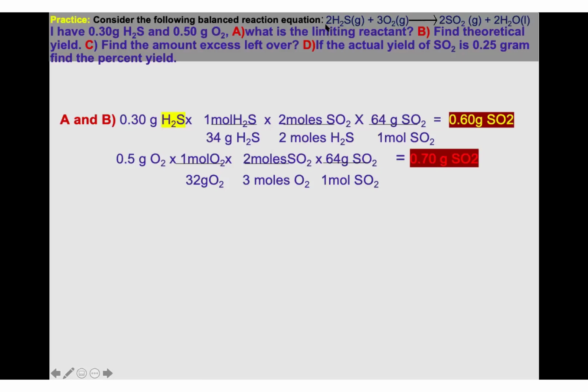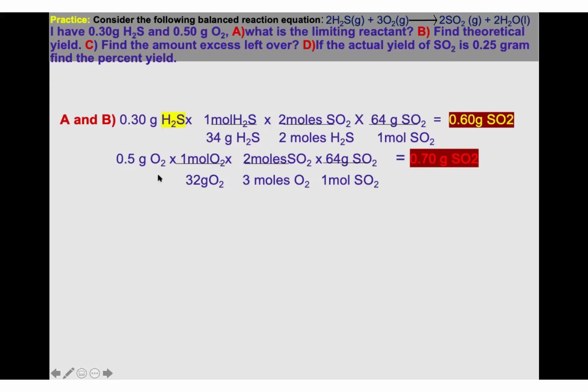So 2 mole of H2S to 2 mole of SO2, and here I convert to the gram, because as I said, it's better always, guys, to convert to the gram, because in this type of question they always ask for something extra. So it's better to have it already. But again, it depends on the question, guys.